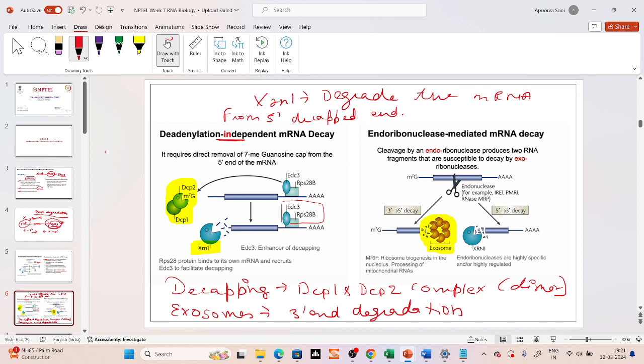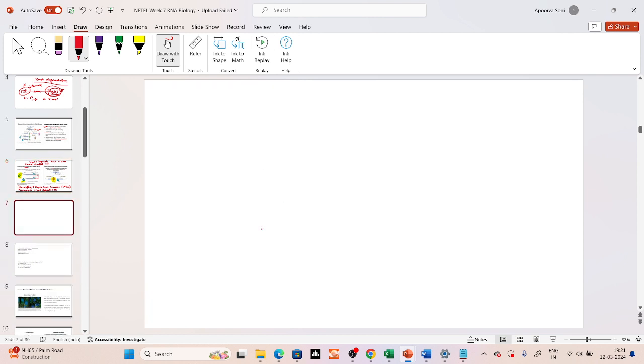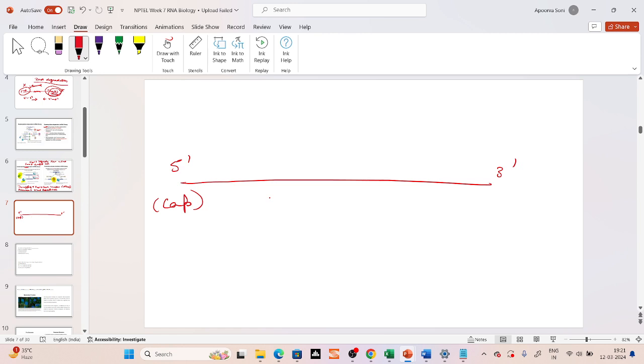So for all the three types of RNA decay, the concept remains the same. What is the concept? Again, I'm telling you, this is your mRNA, this is your 5' end, this is your 3' end. Here you have the 5' cap and here you have the poly A tail.